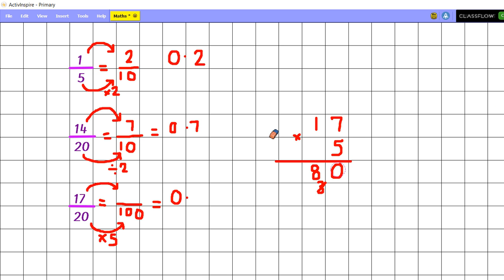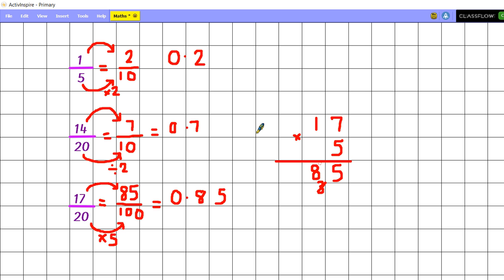Crikey, it's a good job you guys aren't here because you'd be shouting, no, you've got it wrong. 5 multiplied by 7 is 35. So I've got my 5 units carried my 3 over, and then 5 multiplied by 10 plus my 30 gives me 80. So if I've got now 85 hundredths, then 85 hundredths would give me 0.85, doesn't it? Okay, so I've got the answer 0.85 as my final answer.